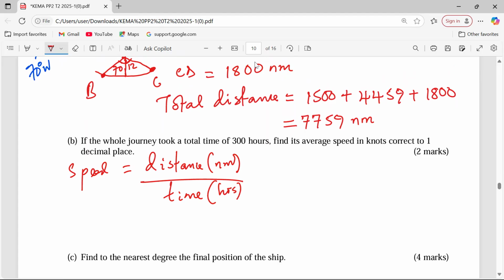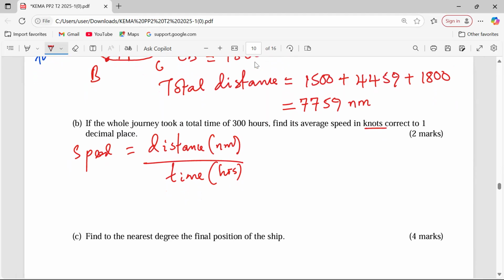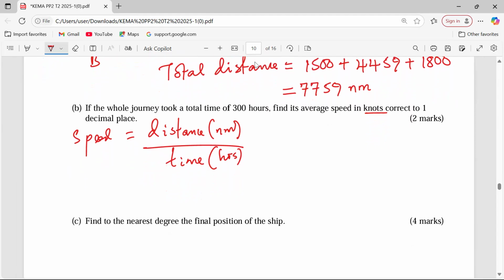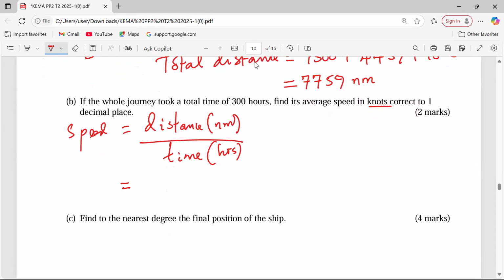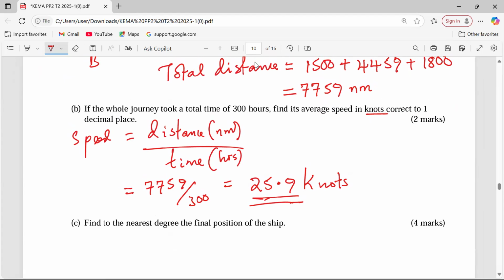Nautical miles per hour is named knots when it comes to navigation. So the distance here is 3344.59 out of 300, and this shall give us 25.9 knots. Yeah, that is now to the nearest one decimal place.